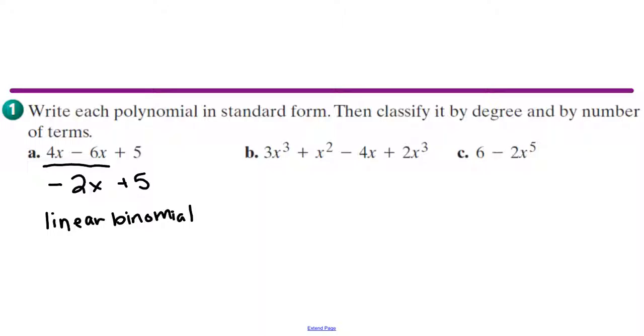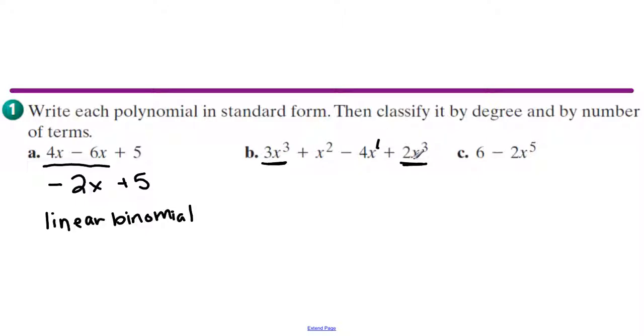Okay. B, we have 3x cubed plus x squared minus 4x plus 2x cubed. Well, 3x cubed and 2x cubed are like terms, we also need to combine those, and it's also the largest degree, because this is 3, 2, and 1.